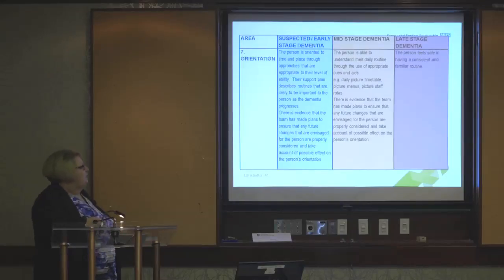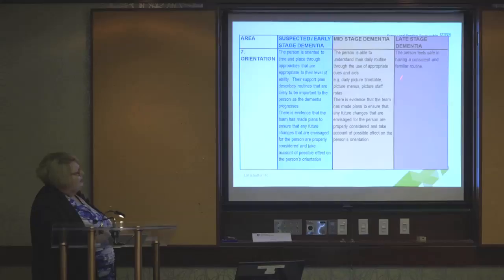Once people move to mid-stage, it changes. The person is able to understand their daily routine through the use of appropriate cues and aids. And we give some suggestions, e.g. daily picture timetables, picture menus, picture staff rotas. Those things that help to keep people anchored and oriented. And again, there's evidence that you've considered any future changes.